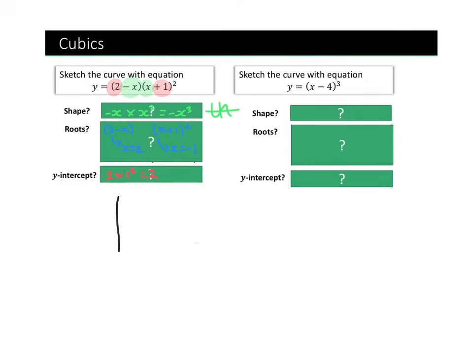So now when I sketch my graph, x and y, I know it's going to cross at 2, minus 1, and 2. But because this minus 1 is a repeated root, okay, it's just going to touch it. So we only have 2 solutions.